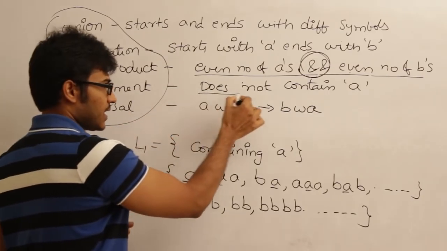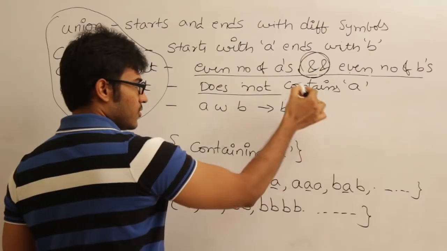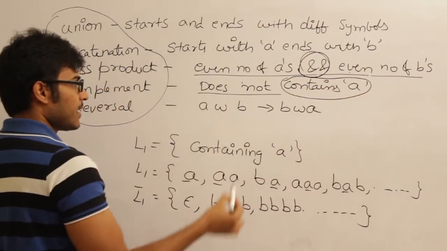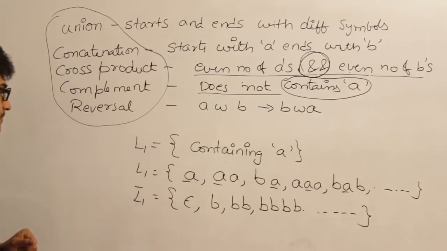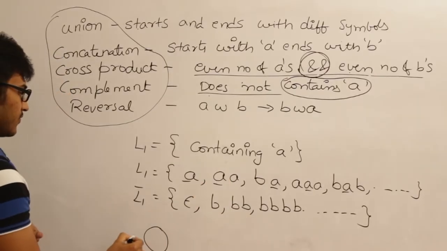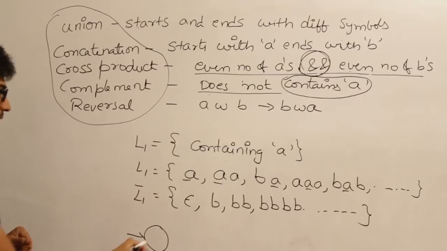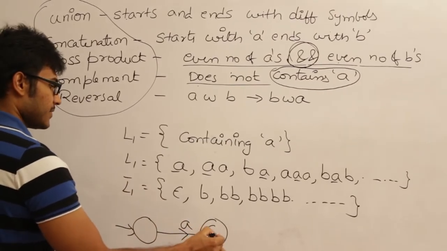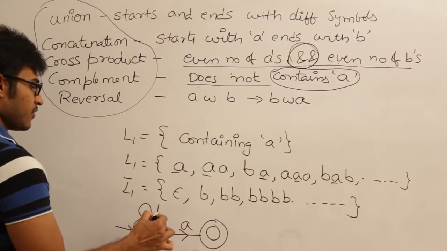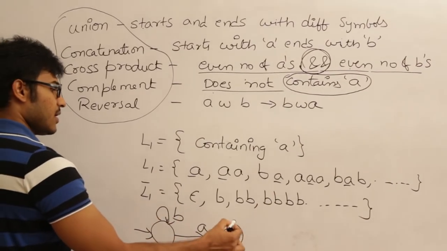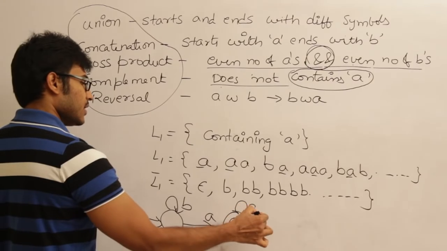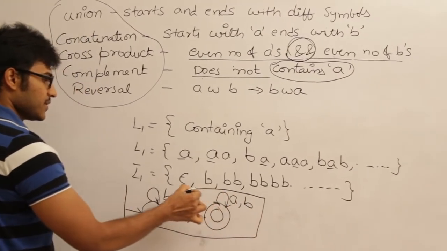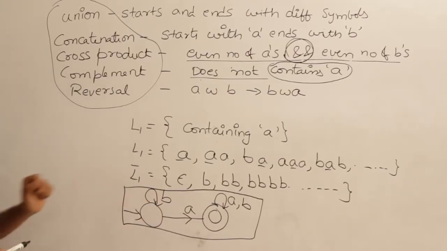If it does not contain A, then you can find the DFA for containing A and then complement it. What is the DFA for L1? The set of all strings containing A: I accept any number of B's, I wait for A, and then AB. This is the DFA which accepts the set of all strings containing A.